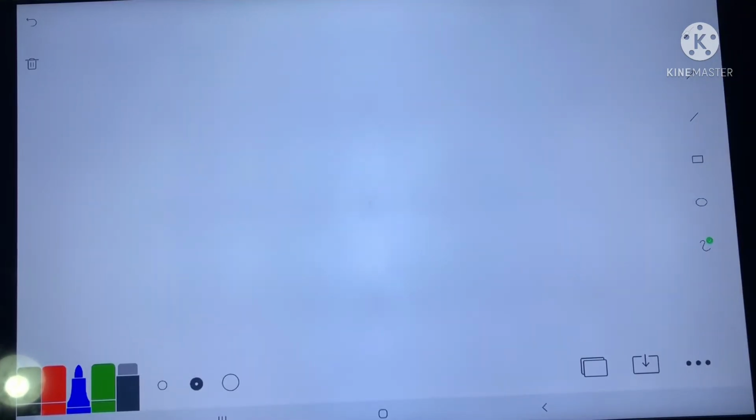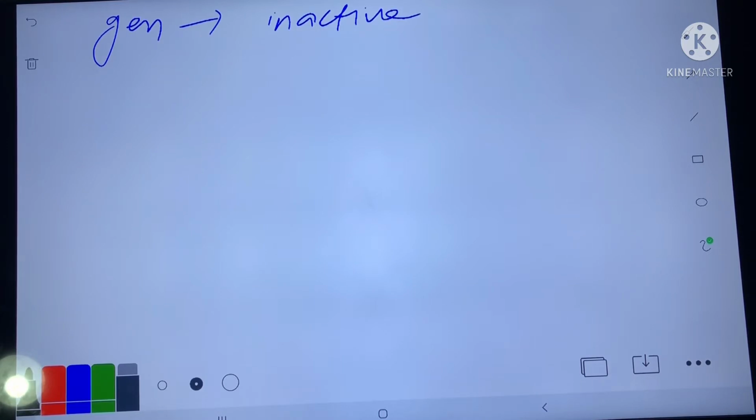So those enzymes which end with "gen" are considered inactive. All the protein enzymes that are released from the pancreas are in inactive form.